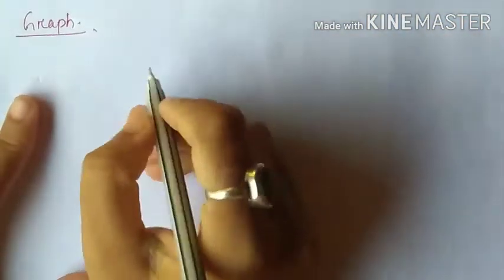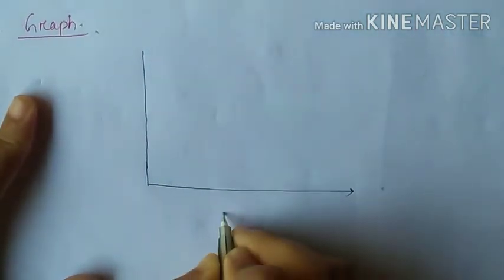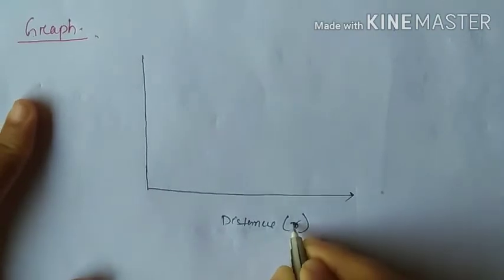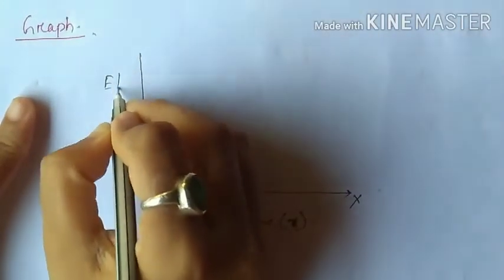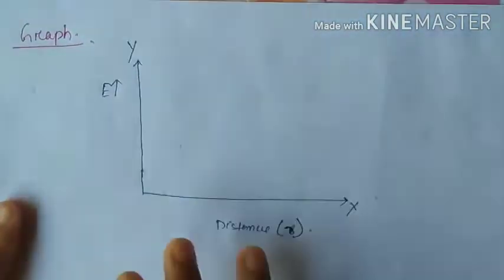So for that we plot a graph showing the variation of electric field with distance. So let's take the distance R. R is varying along the x-axis and electric field along the y-axis.